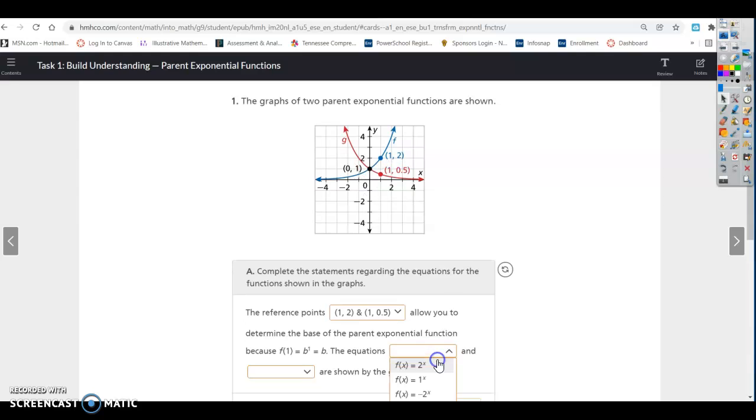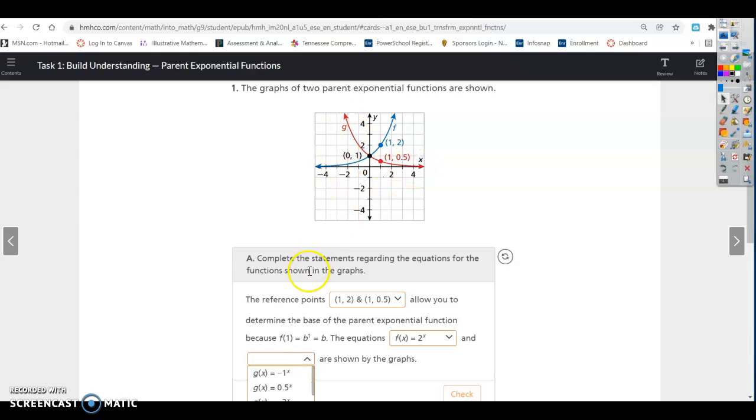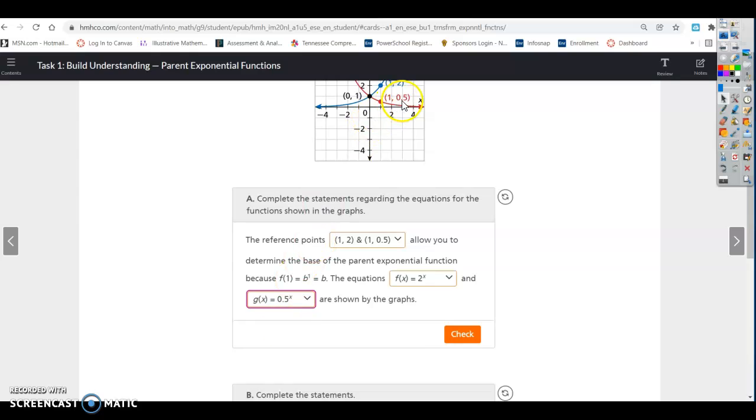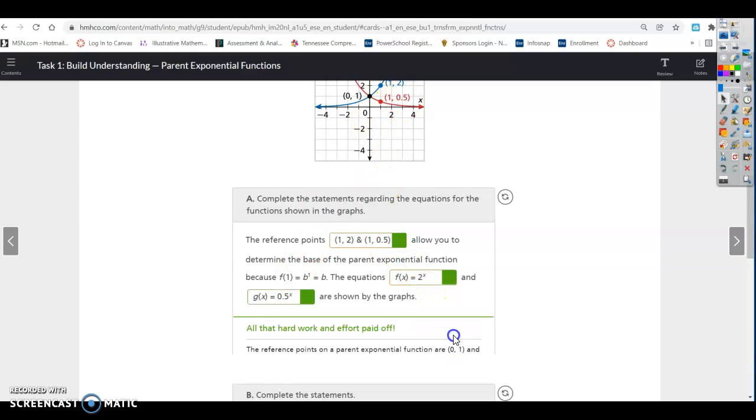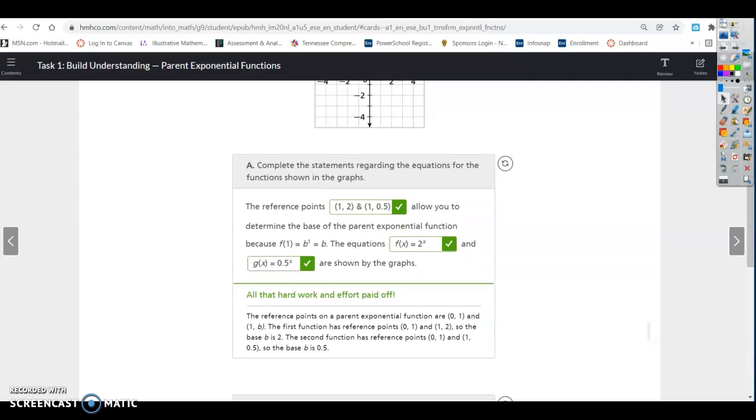So the equation 2 to the x, and this one would be 1/2 to the x, 1/2 is the same as the 0.5 here, are shown on the graphs.